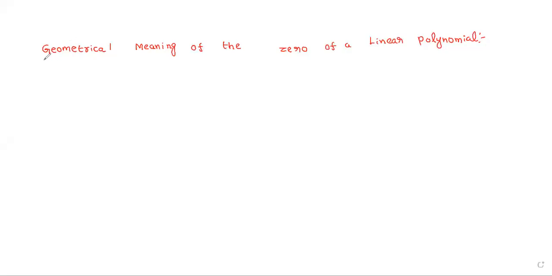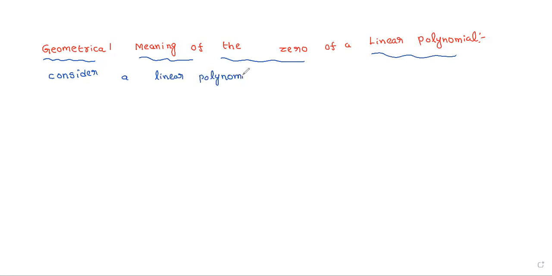Next topic: geometrical meaning of the zero of a linear polynomial. Consider a linear polynomial ax plus b, where a is not equal to 0.